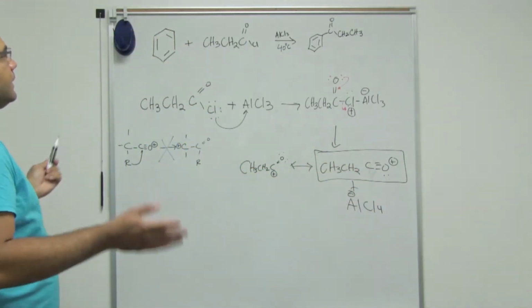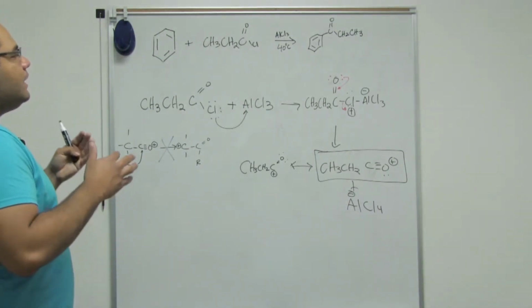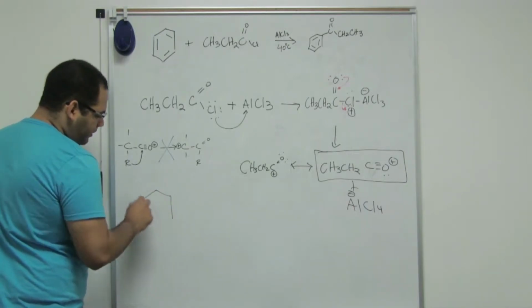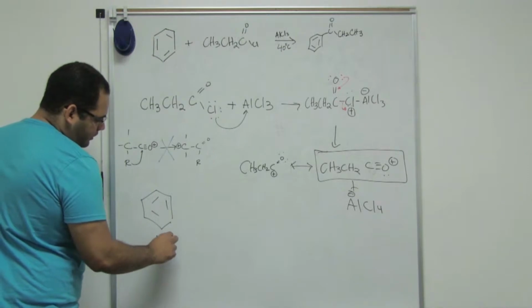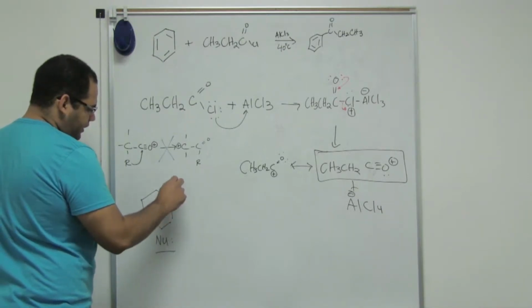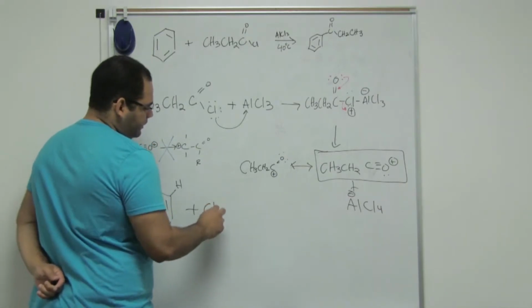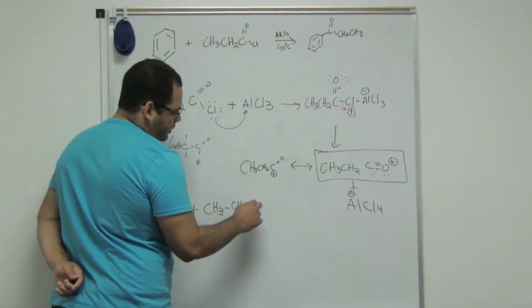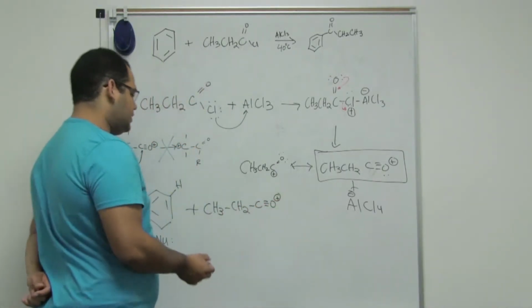That is basically the same thing that we have been doing since we started talking about this chapter. So if you remember, we have here our nucleophile, and we need an electrophile. In this particular case, I'm going to use the most stable resonance structure with the charge associated with the oxygen.